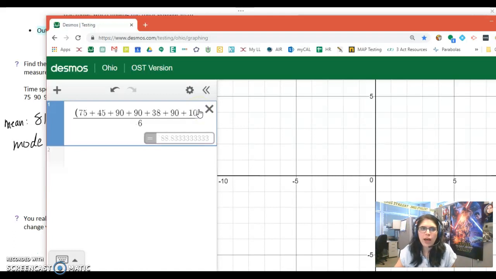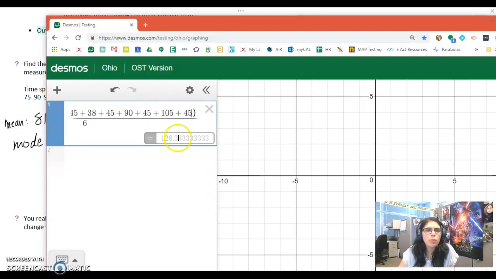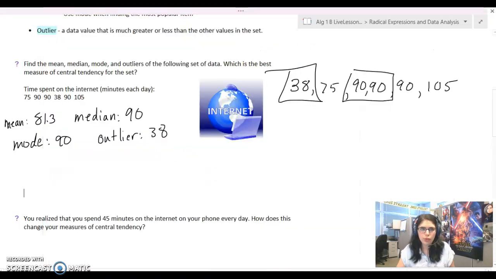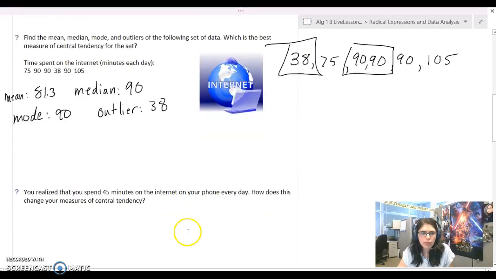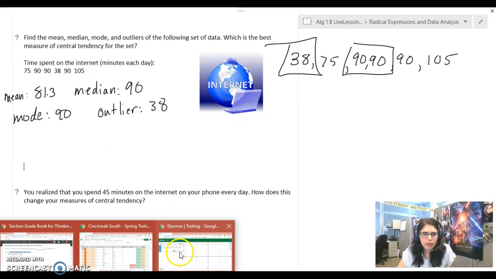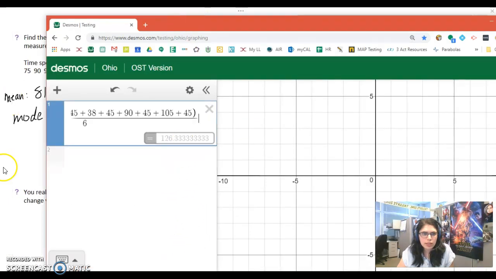So if I add 45 to 75, I'll copy and paste that to the 90, to the other 90, to 38, to this 90, and divide it by 6, I end up with 126.3 for my mean. And that is 45 more than 81.3.